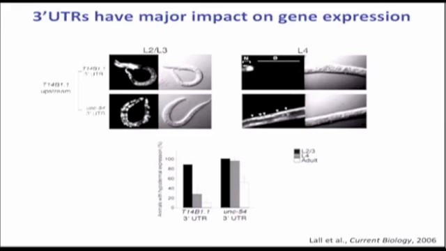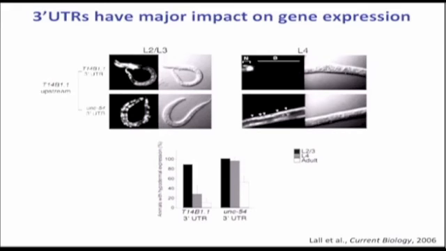When you take these two constructs and you put them into the worm, you'll see that the worm expresses GFP all over the place, in both worms, right? In specific stages. But then late in development, you see that at some point the same construct, the light disappeared, the GFP expression disappeared, compared to this case where the GFP still stays. Okay?